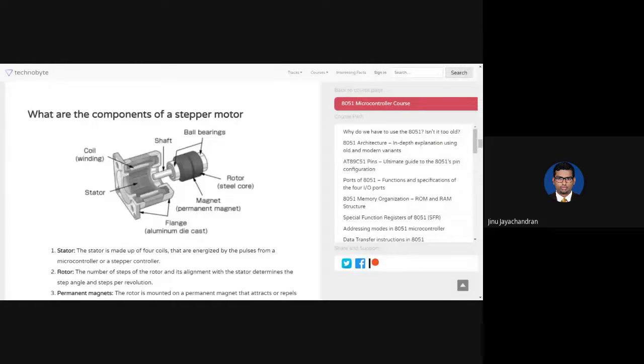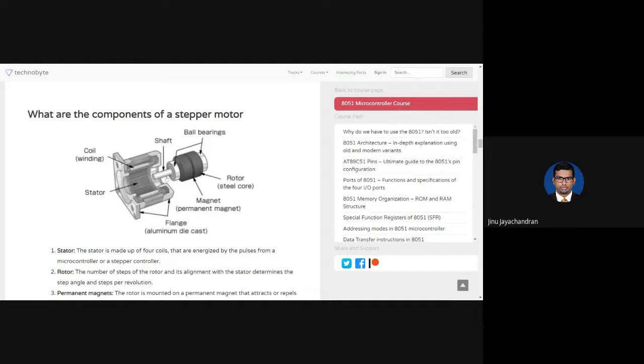So let's say you have a robotic arm connected to this shaft, and the robotic arm wants to lift 100 grams of something. If you design the robotic arm in such a way that the motor produces only low torque on this shaft, then the robotic arm cannot lift that amount.